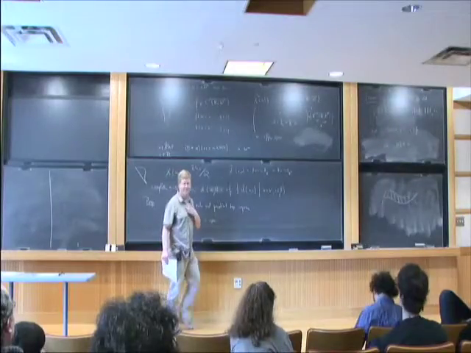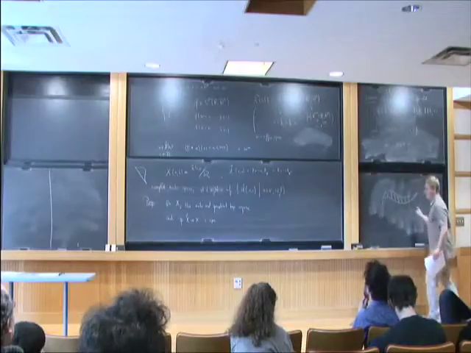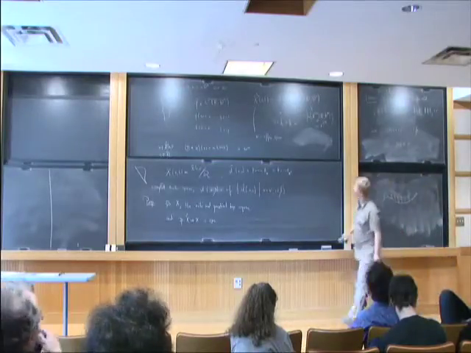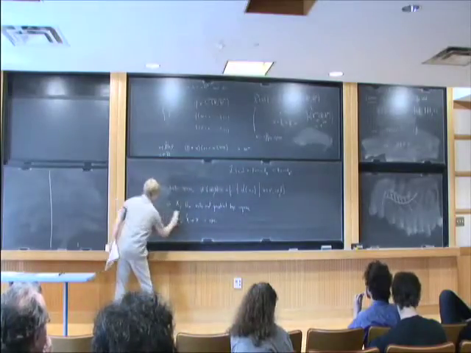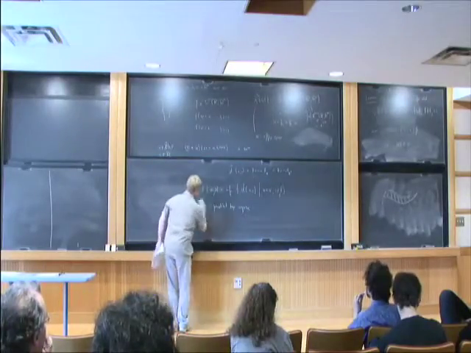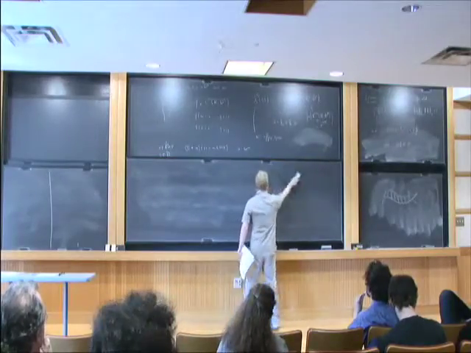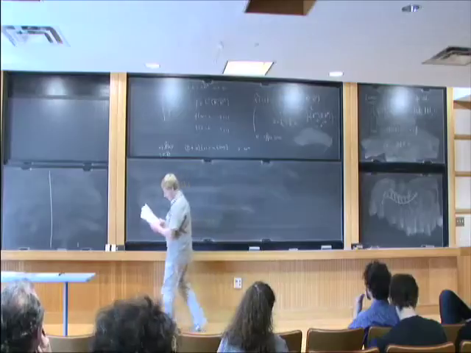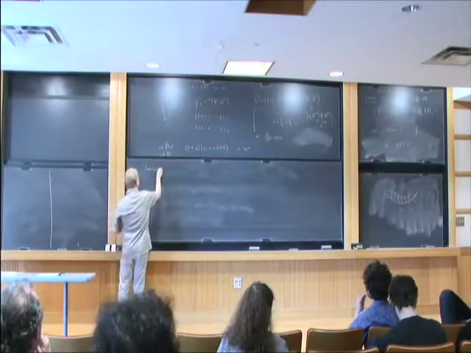Okay, well, maybe then I don't erase the picture here. So now we need to read off from equivalence classes representatives in a nice way, and for that we use these transversal constraints.